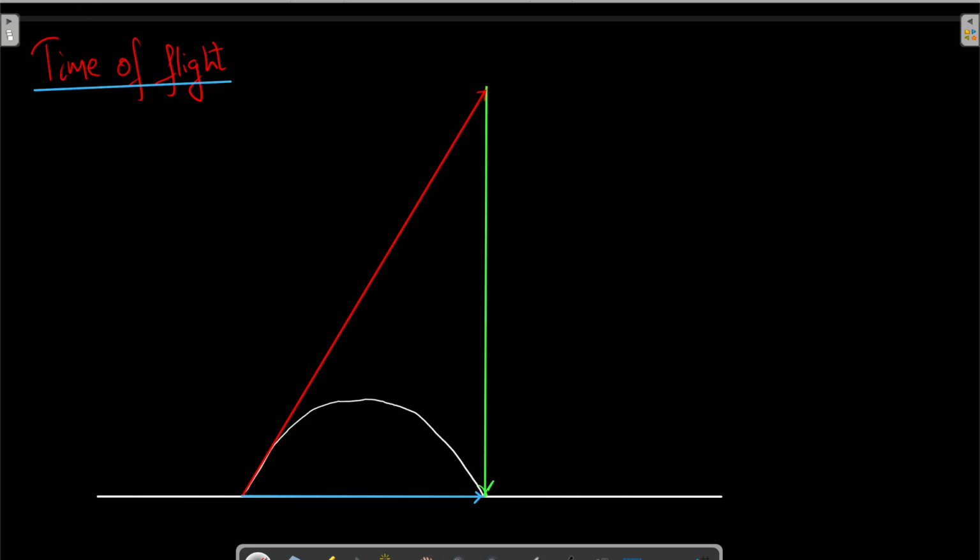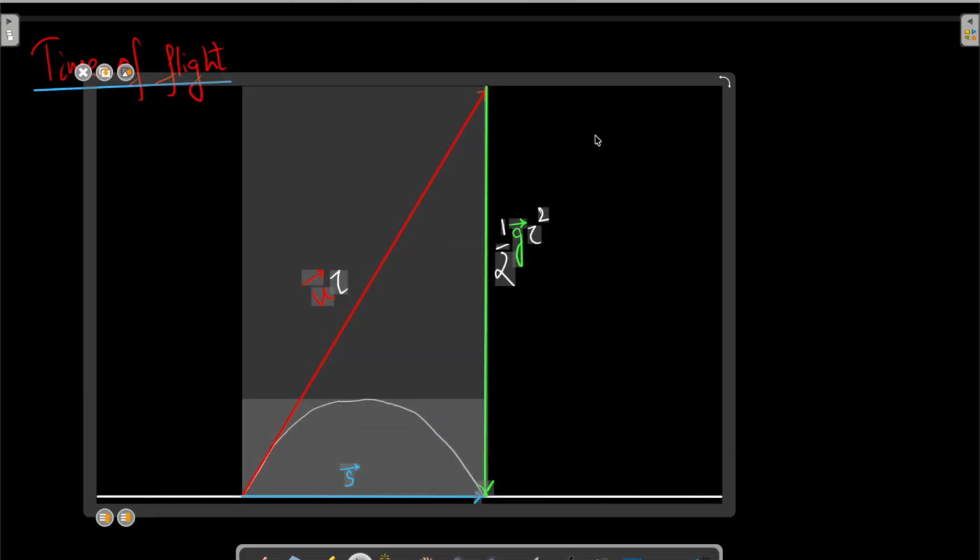Okay, so we have the vector diagram using red, green and blue vectors. We remember this was u vector times tau, and this was half g tau square, and this was the s vector. Okay, so let me shift it here.